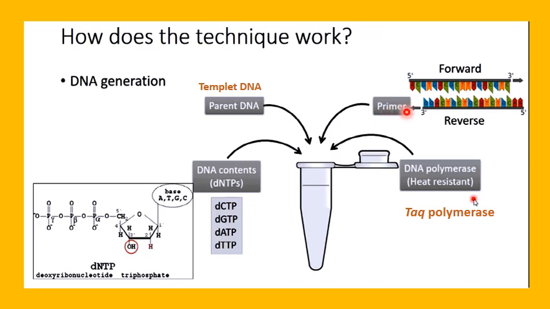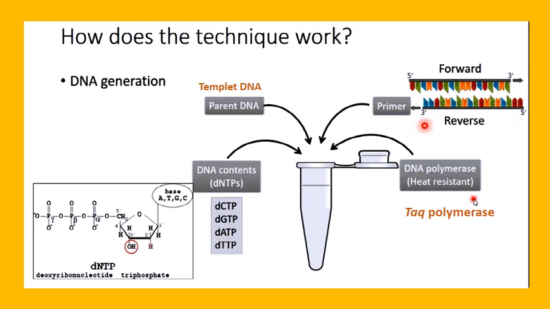The third component which must be added to this biochemical reaction of the PCR technique is the primer. Primers come in two types: forward primer and reverse primer.